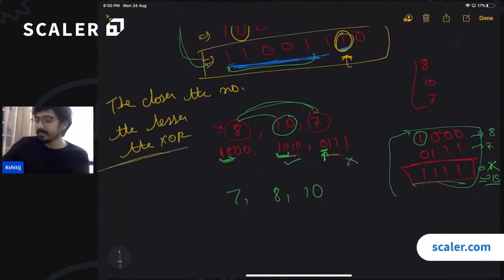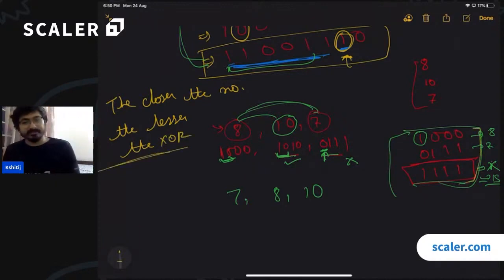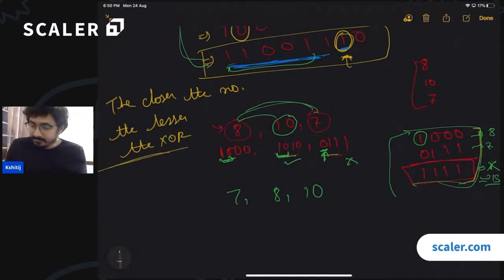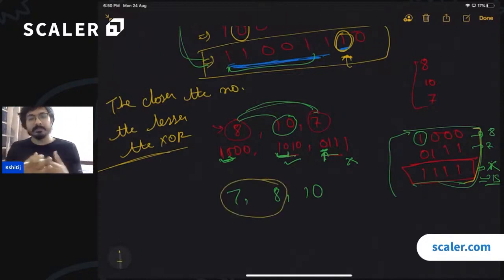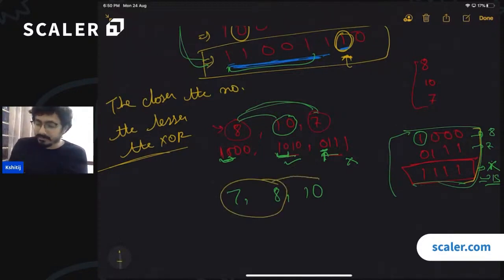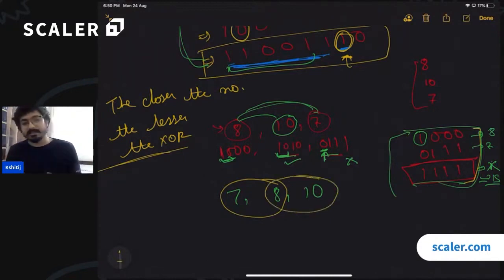However, we have seen an exception of this, right? But if you sort these numbers, now I can say that 8 will give the minimum XOR either with 7 or with 10. So these two are the only numbers with which 8 can give the minimum XOR.